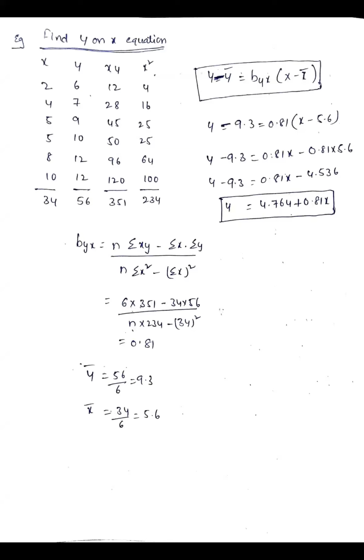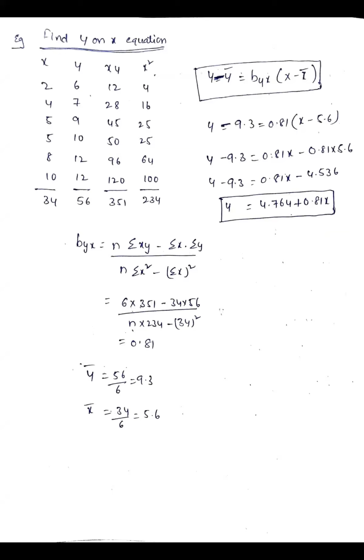Here we'll see one example of how we can find the regression equation. Find the y on x equation for the given data. In this data they will give only the values of x and y, and based on these two variables, one is the dependent variable and the other is the independent variable.